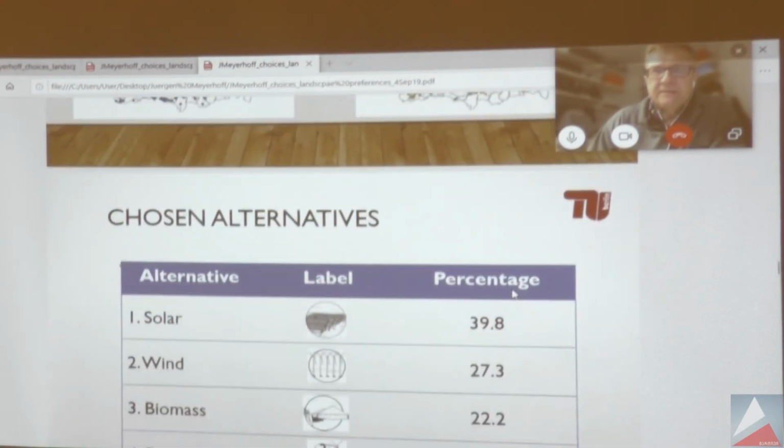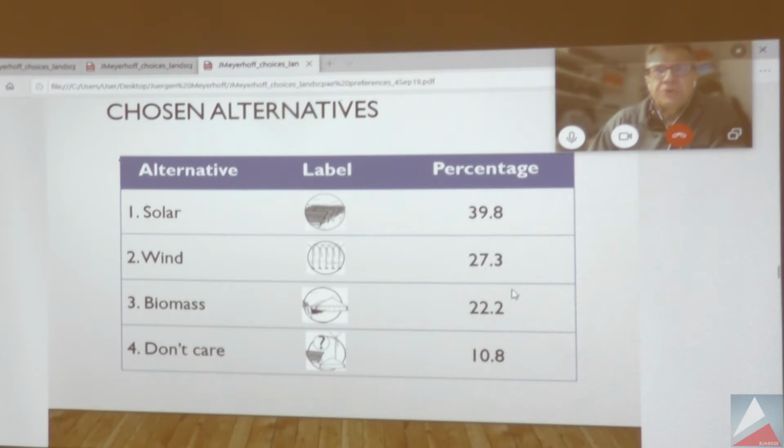Regarding results, the next slide should show you how often the labeled alternatives were chosen. And clearly in first place is solar energy, with 40% of the choices going to solar energy, indicating that people have a strong preference for solar energy, and as we saw in our analysis, it has the lowest value.